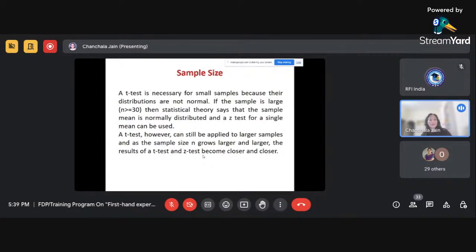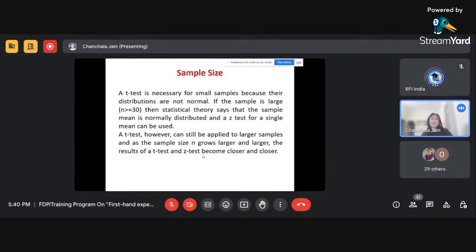That is why many software packages are based on the t-test, because when the sample size increases beyond 30, the data shows a normal distribution. As I said yesterday, the t-test is generally used when the standard deviation or variance of the population is unknown.